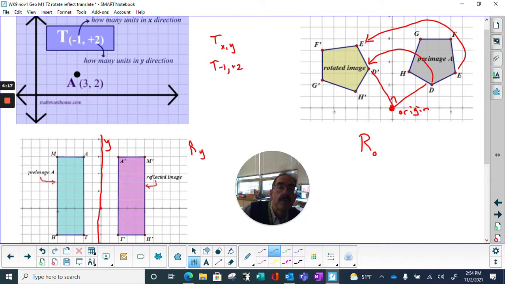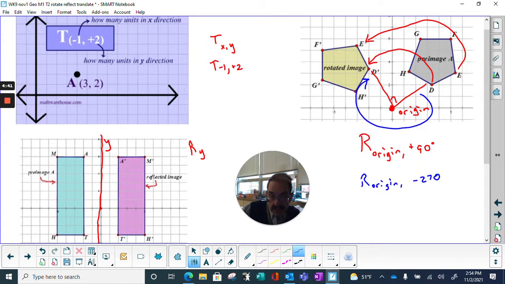Rotate about the origin, positive 90 degrees. Now if you wanted, you could have gone the other direction, all the way back, and then we would have said rotate about the origin, negative 270 degrees. Okay, so any of those work.